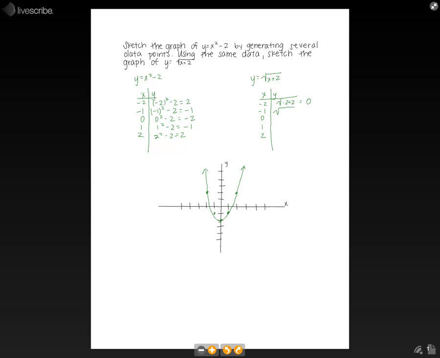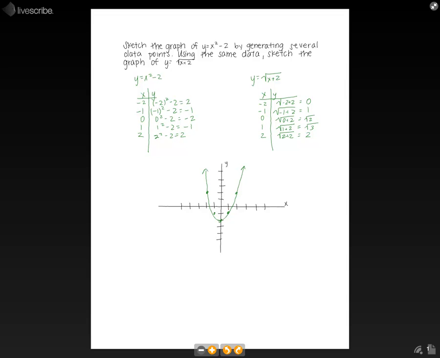If we have our square root of -1 plus 2, we would have square root of 1, or 1. If we had 0, we're going to have 0 plus 2, or square root of 2. If we have 1, we'll have 1 plus 2, or square root of 3. And then if we have 2, we'll have 2 plus 2, or square root of 4, which is 2.